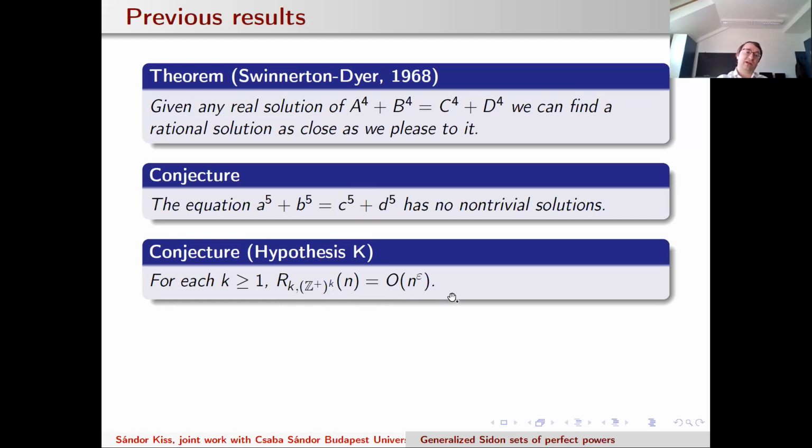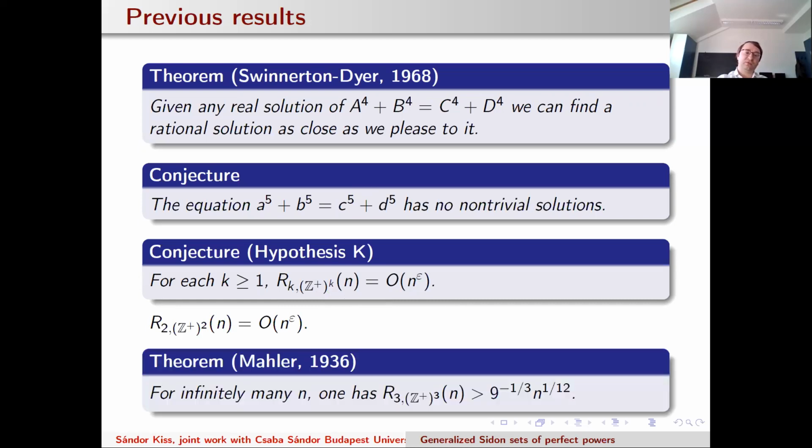It's well known that this hypothesis K is true when k is equal to 2, so for the squares, the two-term case is true. But for k equal to 3, Mahler disproved this conjecture. He proved that for infinitely many n, the number of representations as the sum of 3 positive cubes is bigger than a constant times n to the power of 1/12. And this hypothesis K is still open when k is at least 4.